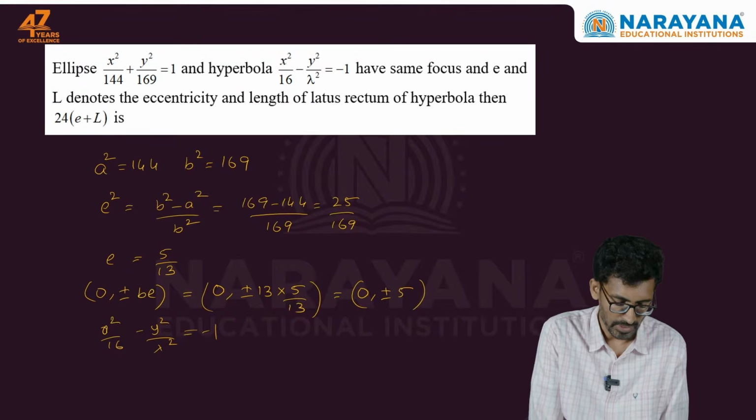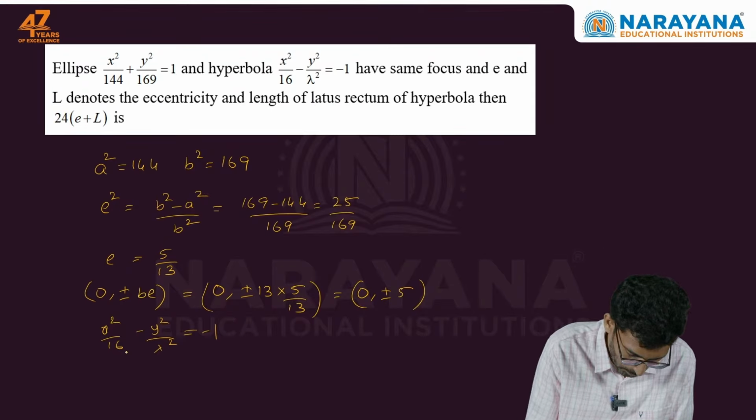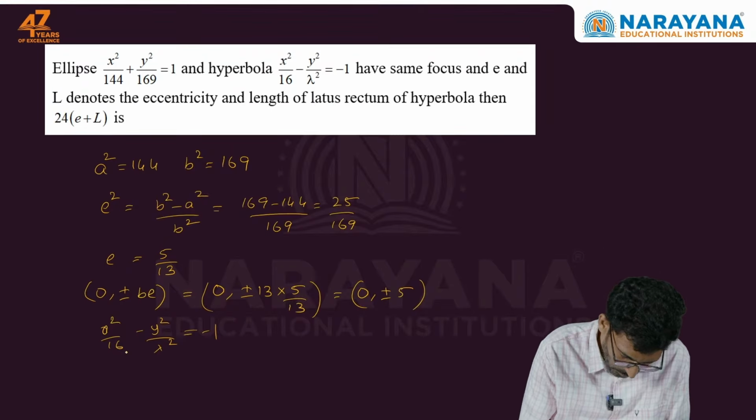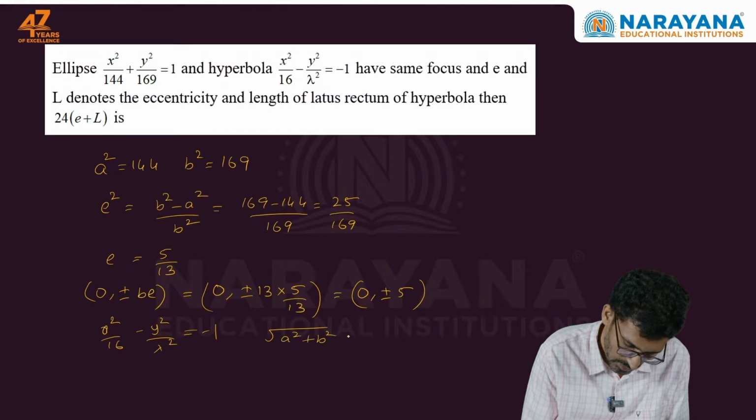Now I will find the focus of this hyperbola. For the normal hyperbola, the focus is root of a square plus b square comma 0.